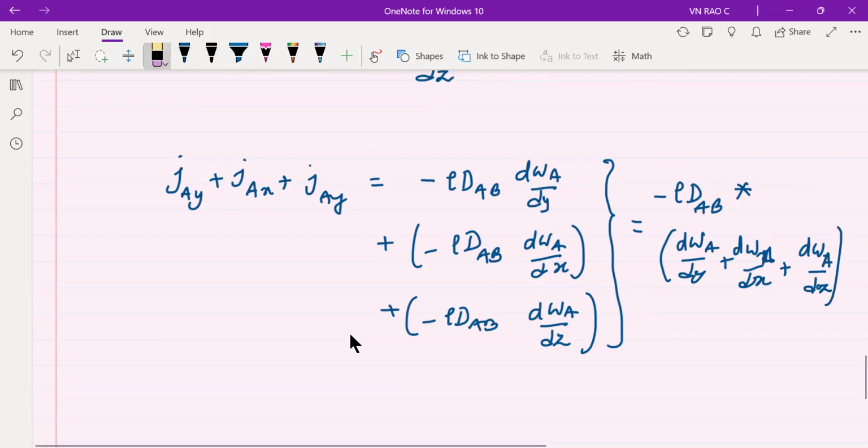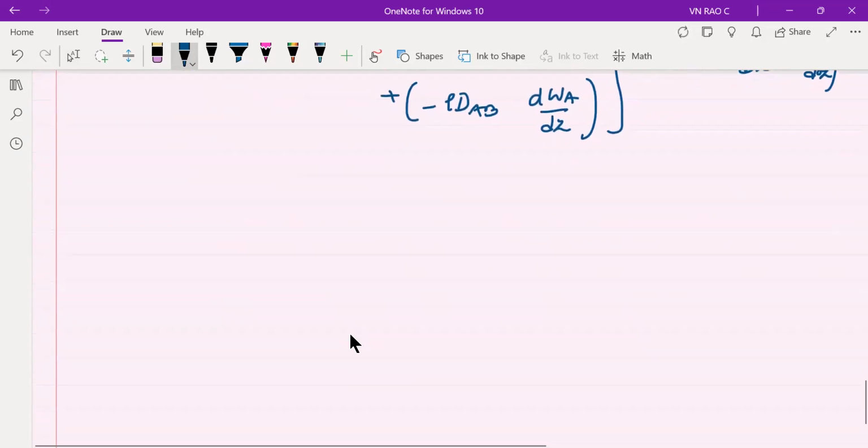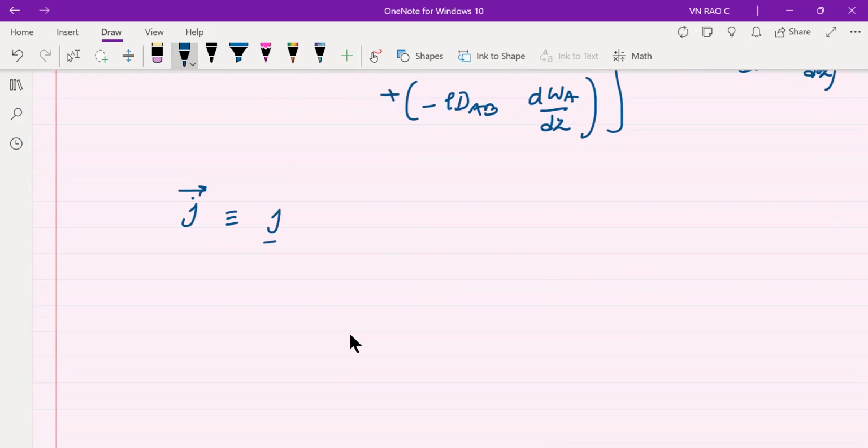So let me make it more clear here. dW_A by dx, dW_A by dy, like this, and the last one dz. So the left hand side becomes the vector, or I can write this as a vector, with a line at the bottom.